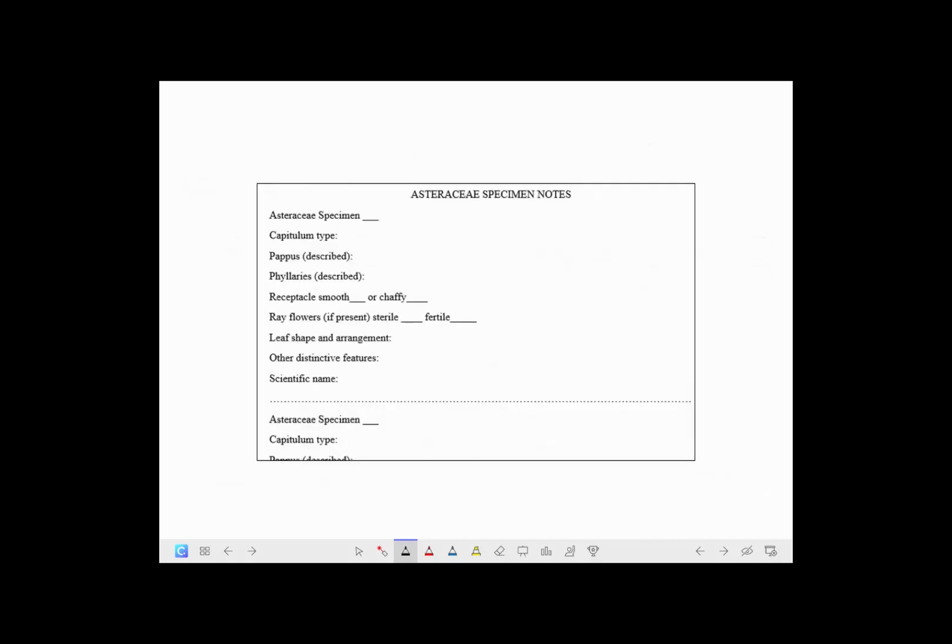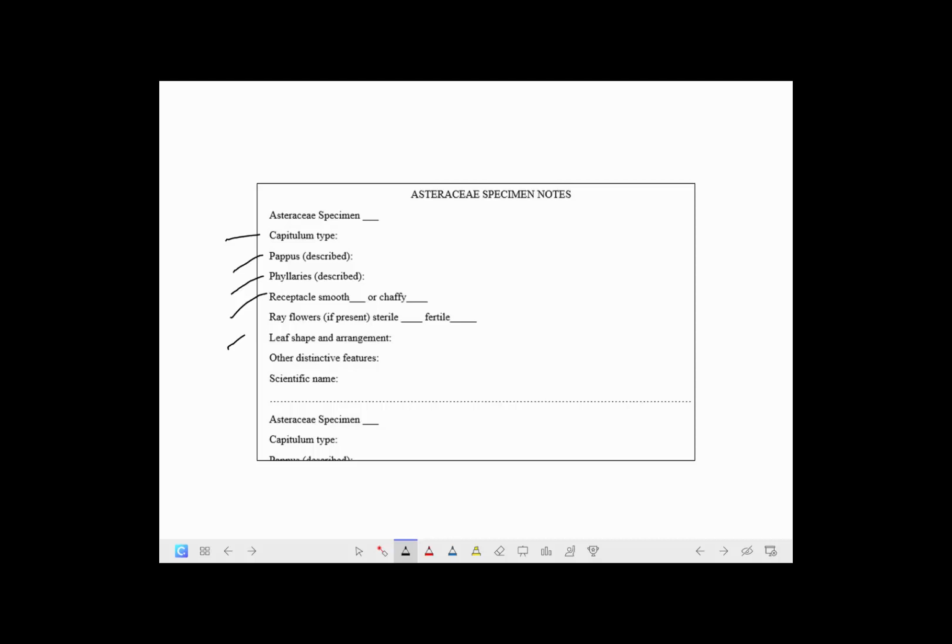And what we have to guide us in the beginning, at least, are some things that we want to take note of. So what capitulum type, what the pappus is like, scales, hairs, bristles, lacking, what the phyllaries are like, small, large, parallel, one type, two types, what the receptacle is like, smooth or chaffy, if there are ray flowers, what are they like?